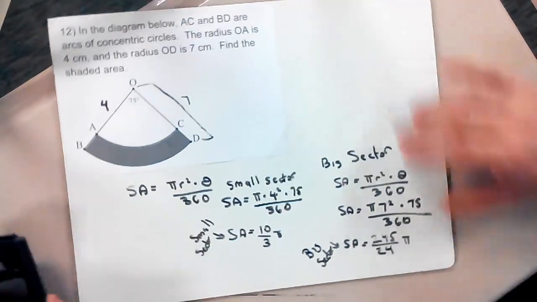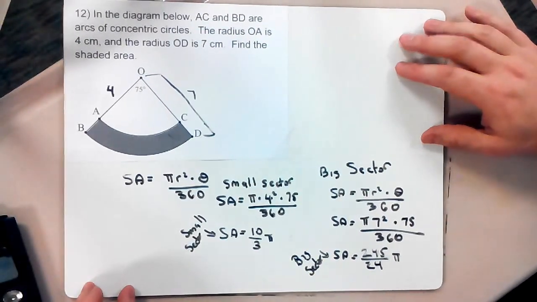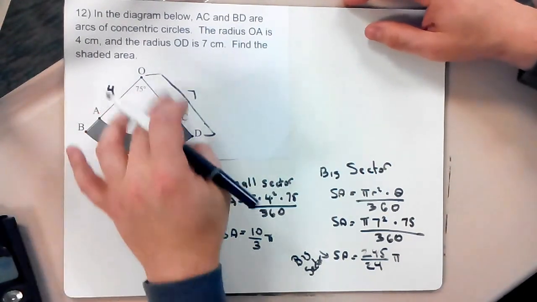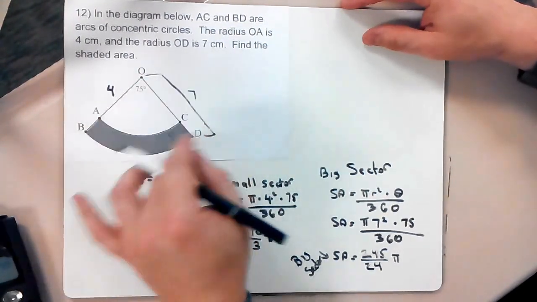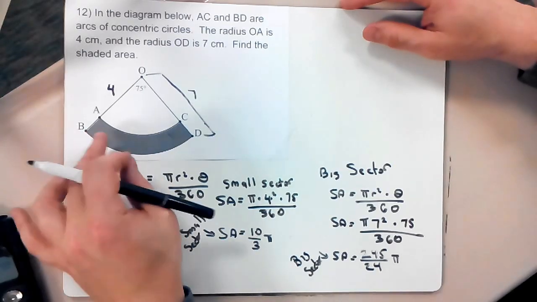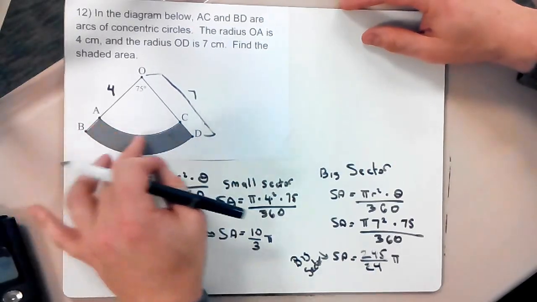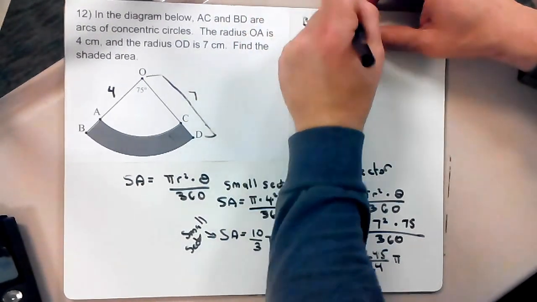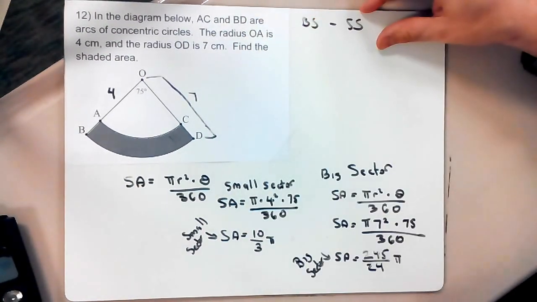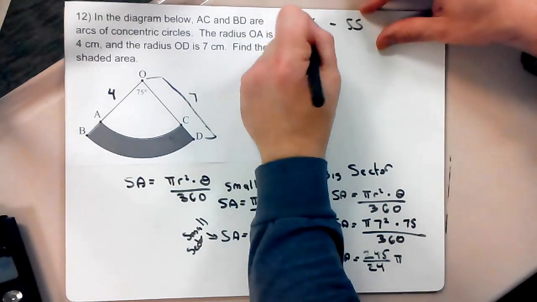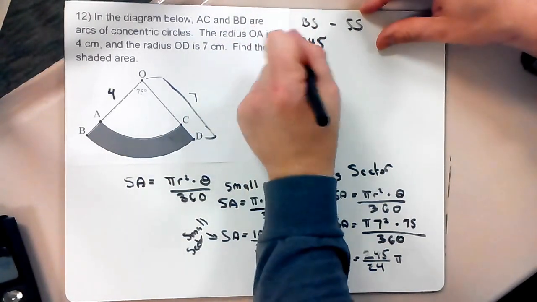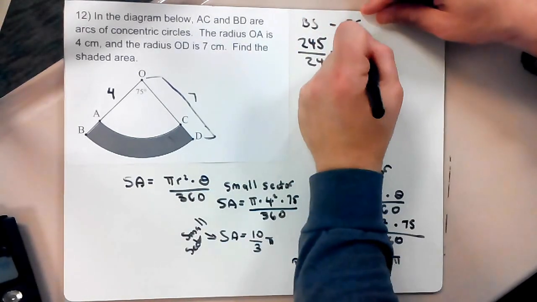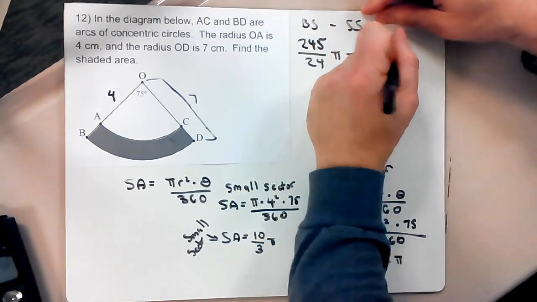So before I move forward, let's just understand what I did. I found the area of the small sector, then I found the area of the big sector in order to subtract them so I could find the shaded region. And that's what we're going to do. So big sector minus small sector. The big sector is 245 over 24 pi minus 10 over 3 pi.